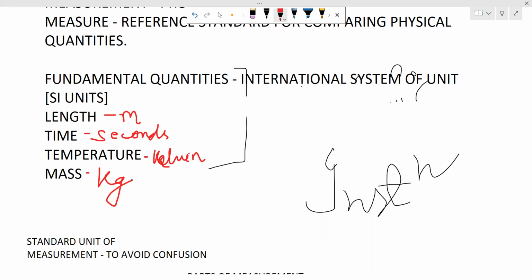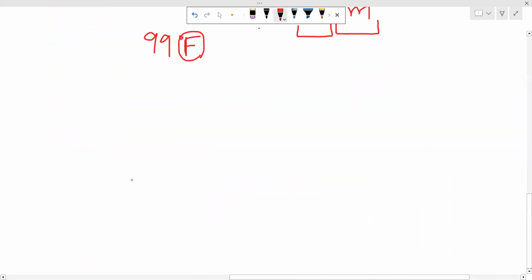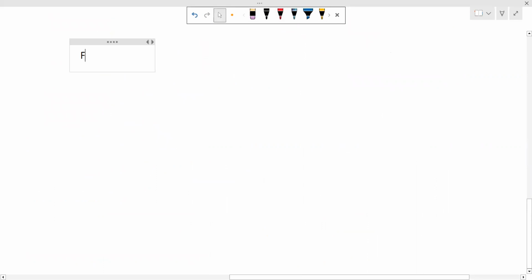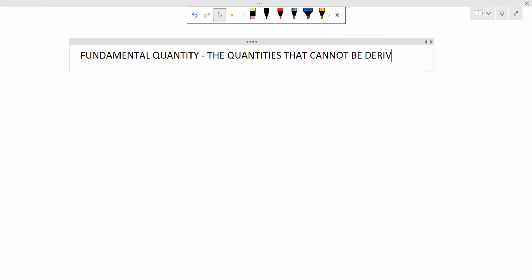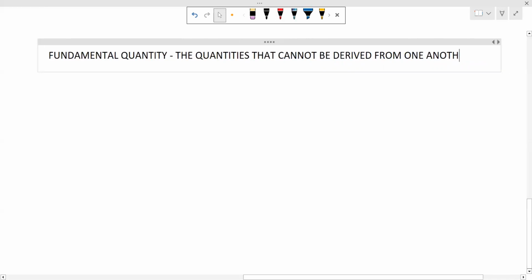Now, let's read something about fundamental quantity and derived quantity, the differentiation between these two quantities. Fundamental quantities are the quantities that cannot be derived from one another.